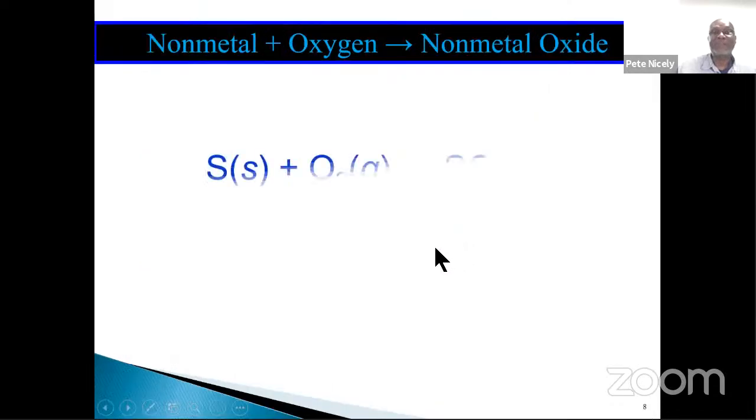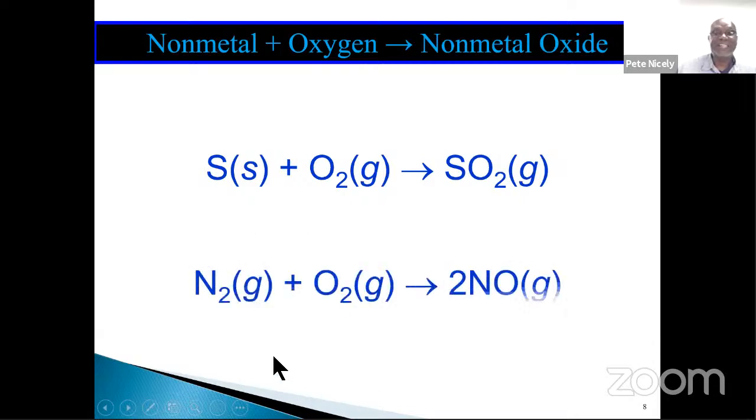Then we have a situation where you can have a non-metal reacting with oxygen to form a non-metallic oxide, such as the one shown here, the reaction between sulfur and oxygen to form sulfur dioxide, and the reaction here between nitrogen and oxygen to form nitrogen monoxide.